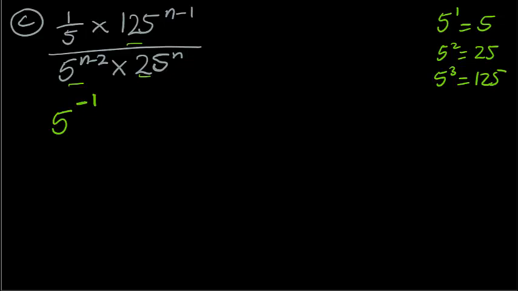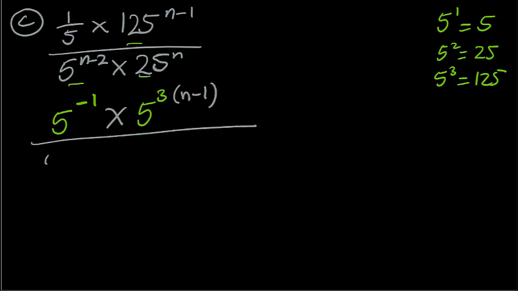So I make it a numerator, and then I put an exponent that is negative to say, actually, this is a denominator in the wrong place, in the place of a numerator. 125 is 5 to the power of 3, and I keep my n minus 1 over 5n minus 2. I keep that, and then 25 is 5 to the power of 2, and I multiply that by n.